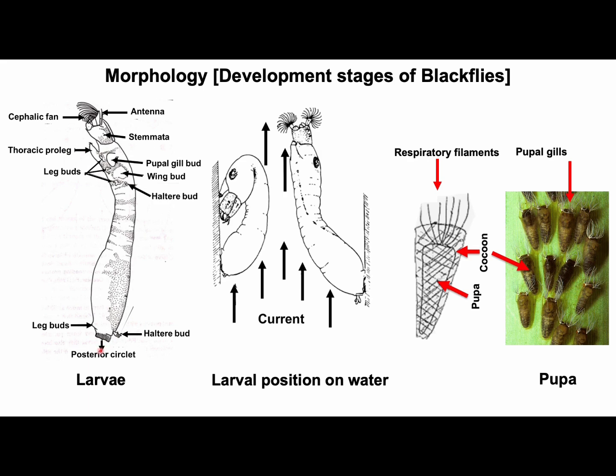The circlet or posterior hooks are required to remain attached to objects such as rocks or vegetation when they remain and develop in water. So they are anchored posteriorly, where the head region remains up towards the water surface. It is noted that larvae also secrete a copious amount of protein glue for their attachment to different objects in water.